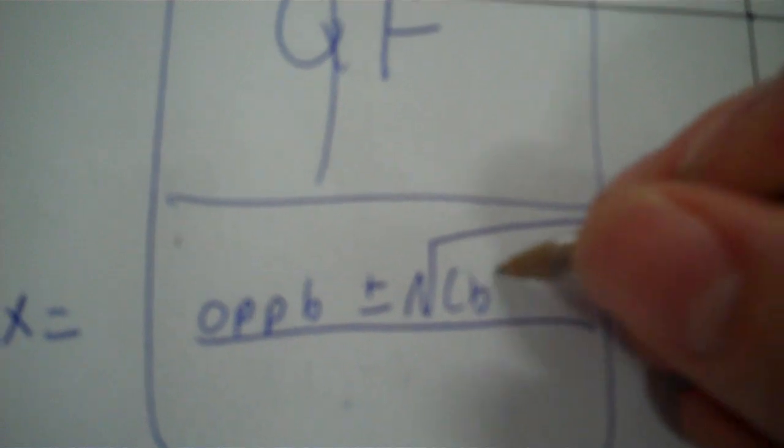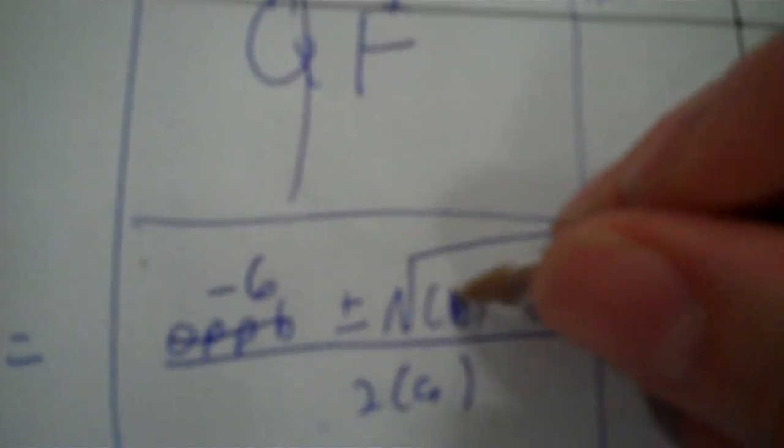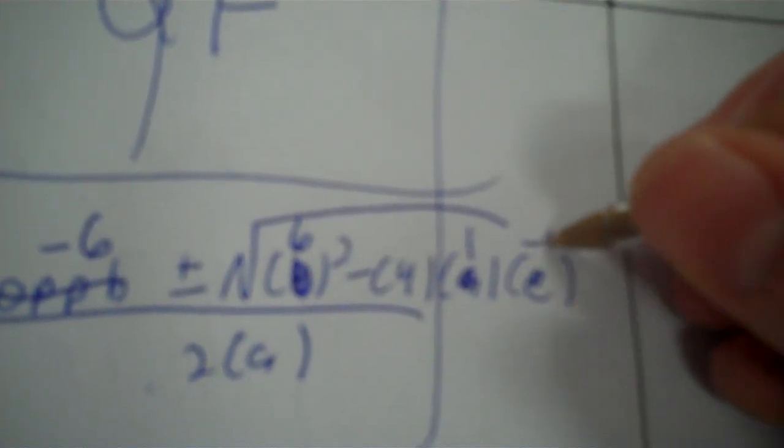So X equals opposite of B, plus or minus the square root, B squared minus 4AC, over 2A. So the opposite of B is negative 6. B to the second, so 6 to the second, then A is 1, C is negative 5, then A on the bottom is 1.